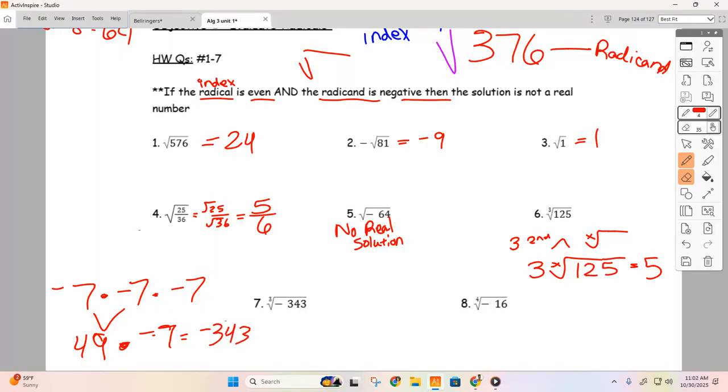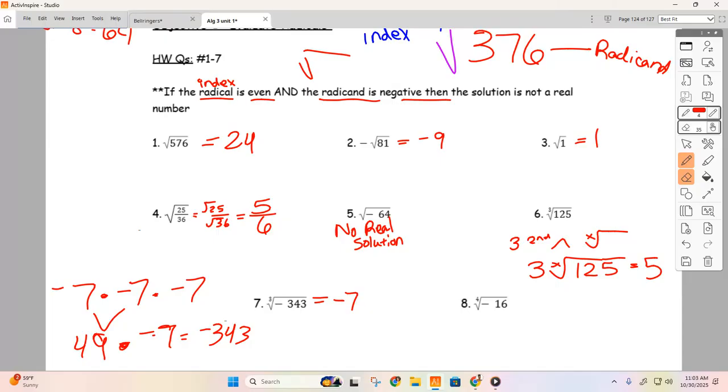The calculator will do this one for you. So take the cube root, 3, second, caret. Make sure you use the negative sign down at the bottom in parentheses next to the decimal point and the equal sign. If you put minus, it'll give you an error. So it's the negative 343 and you get -7 as your answer.